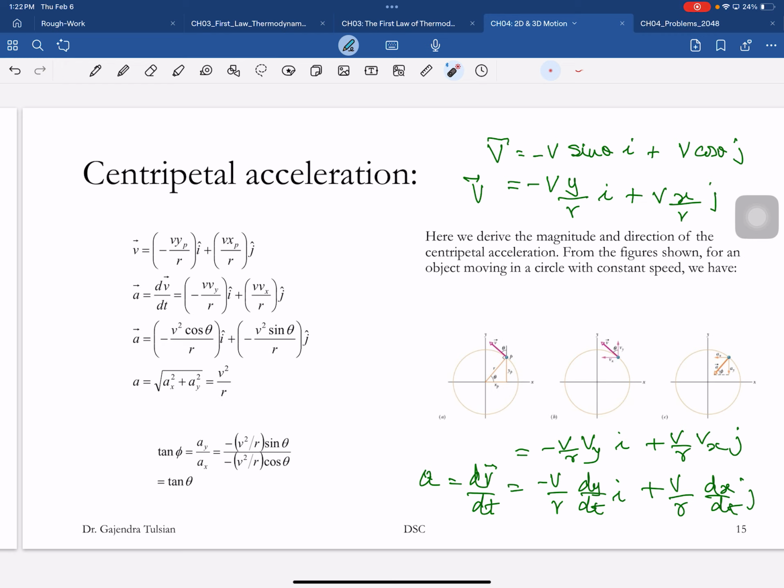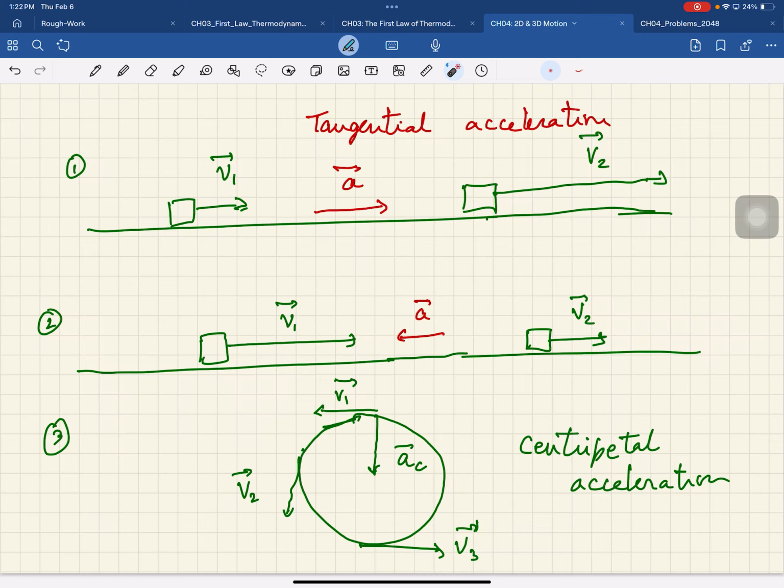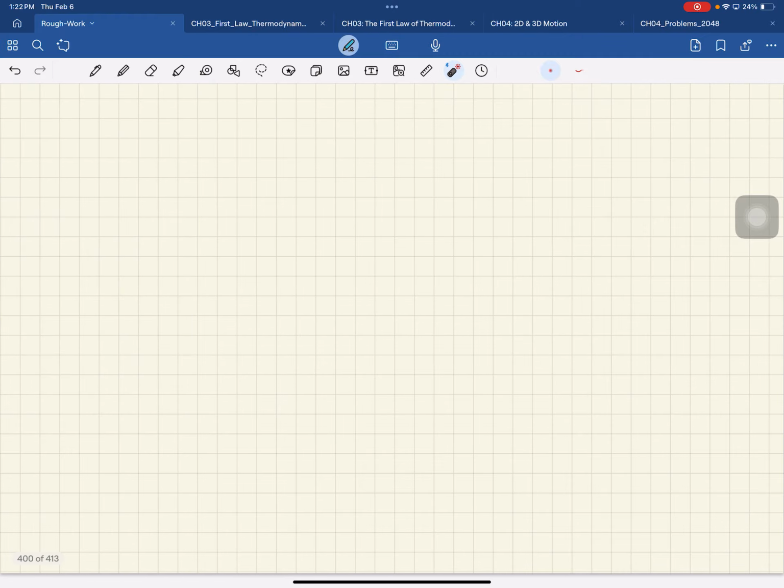All right, so this is important. We haven't talked about this, but you guys all know this. What is Newton's second law?